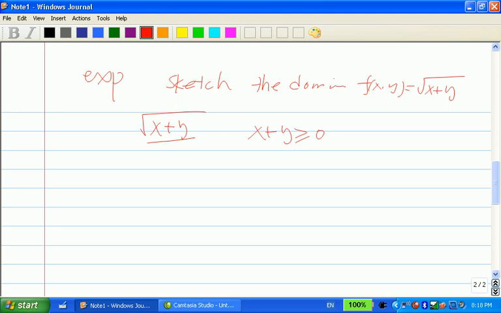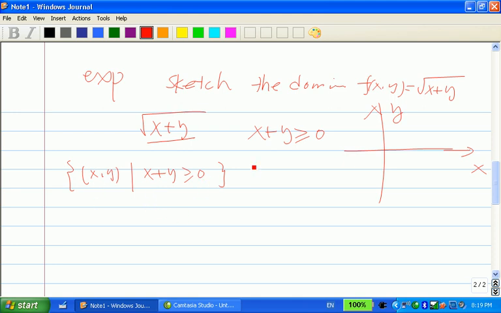Okay. So how do we sketch the domain? All those possible x and y values. So your domain you can write as a set: all the points (x,y) in the xy plane such that x plus y is bigger than or equal to 0. Okay, now let's sketch this.